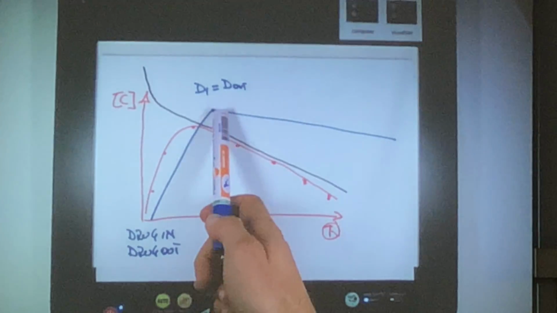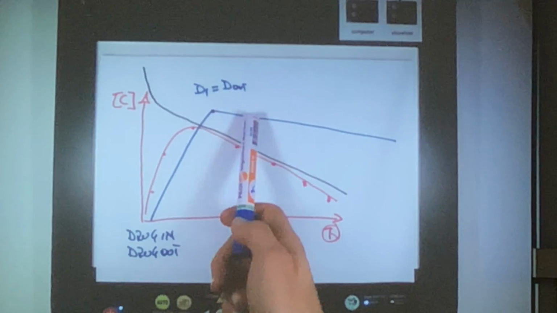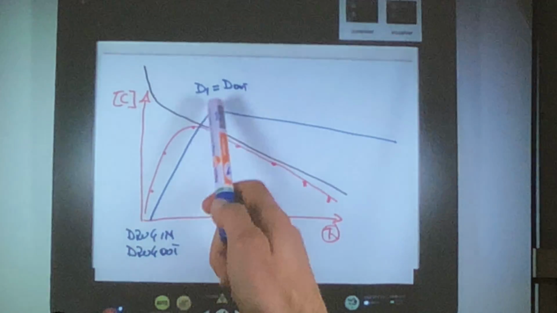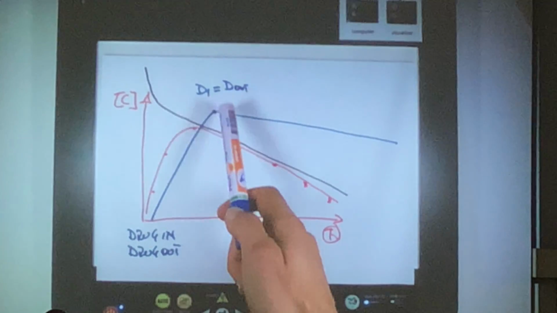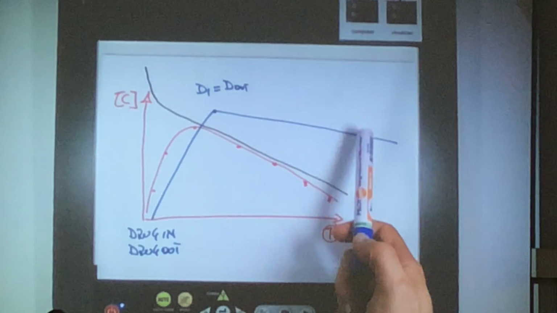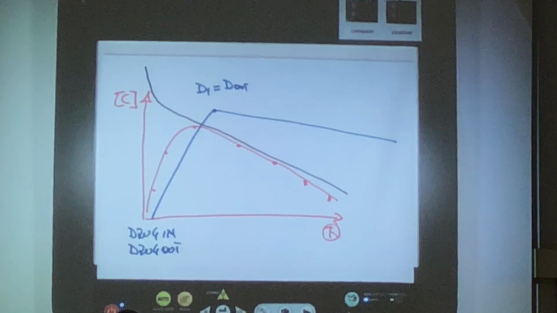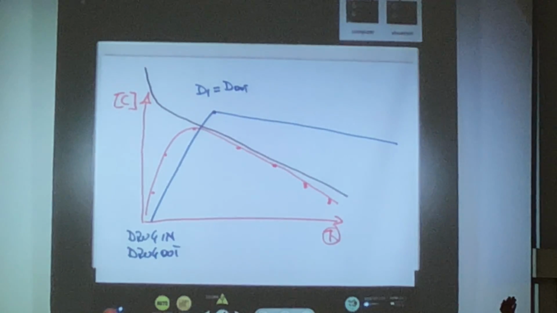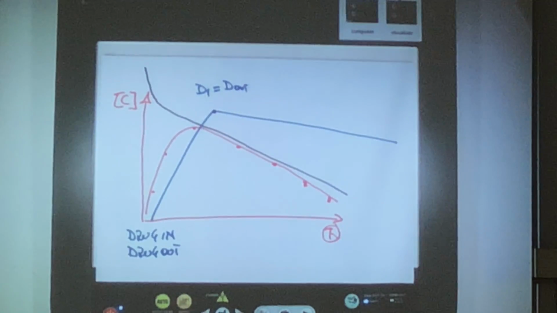But look here. In here, drug out is much more important than drug in. But the drug in, unfortunately, in this case, is still important and affects the elimination phase of the drug.